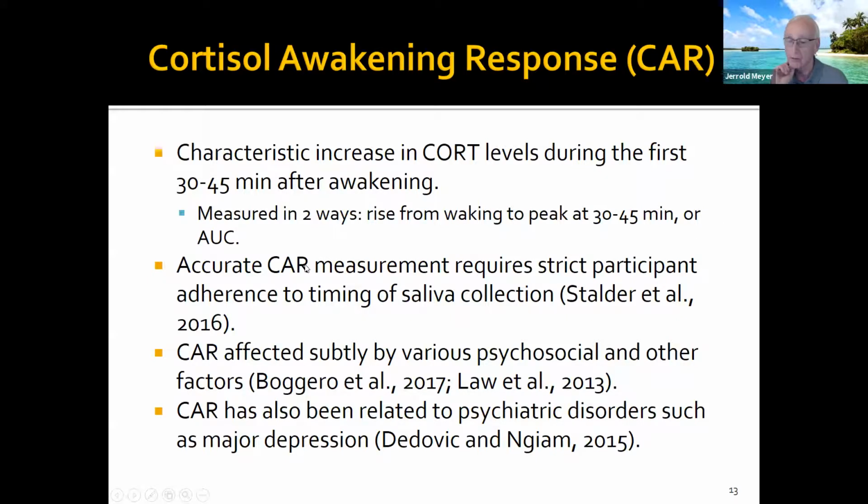CAR measurement has been shown empirically to be accurate. Your participants have got to follow the directions, which means you don't take your first saliva sample 5 minutes after you woke up. Ideally you have your collection materials next to your bed, and as soon as you wake up and clear your head of the cobwebs of sleep, you get that first saliva sample.